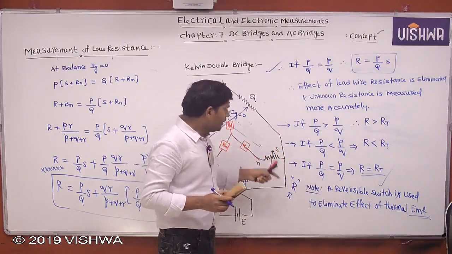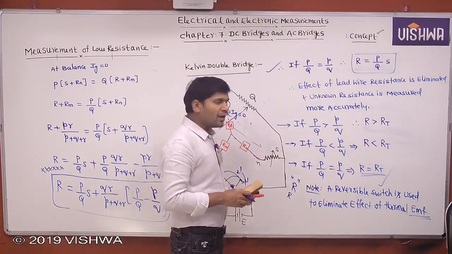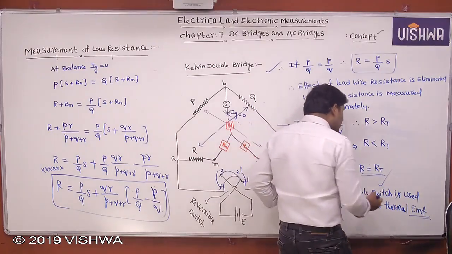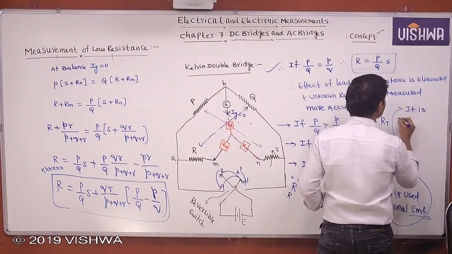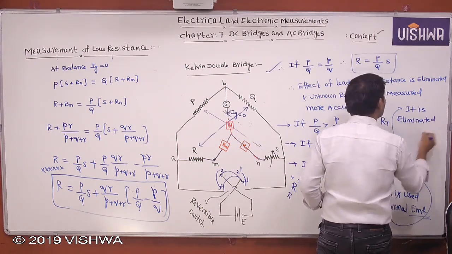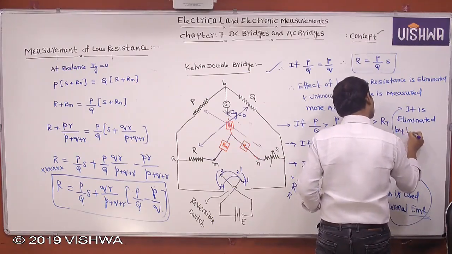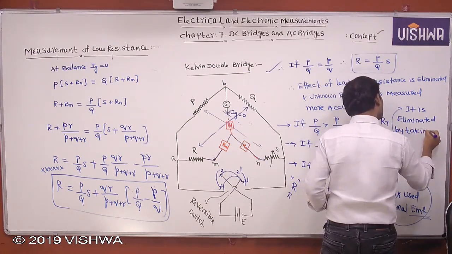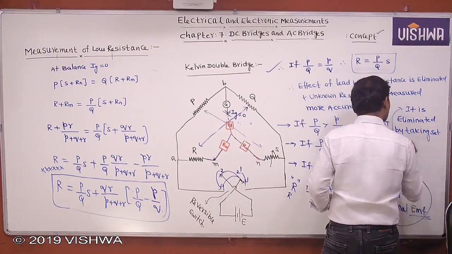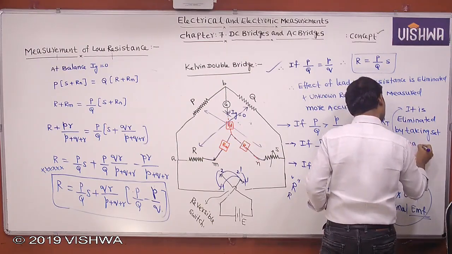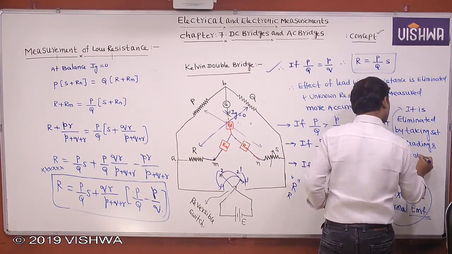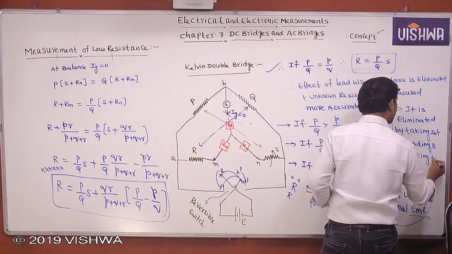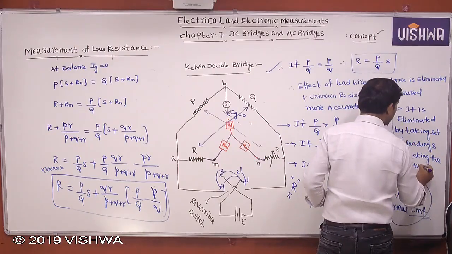Okay. Then by taking the set of readings, how is this effect of thermal EMF eliminated? It is eliminated by taking a set of readings and taking the average of the readings.